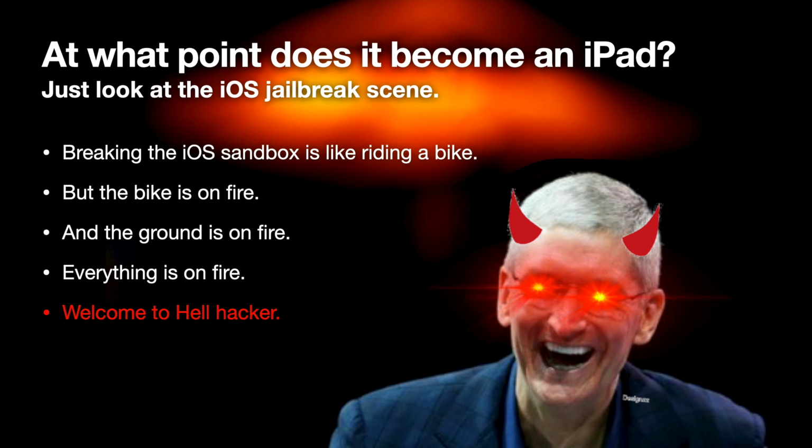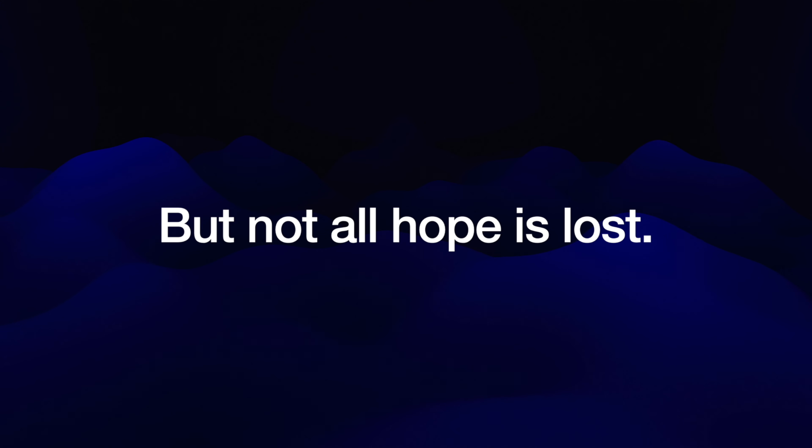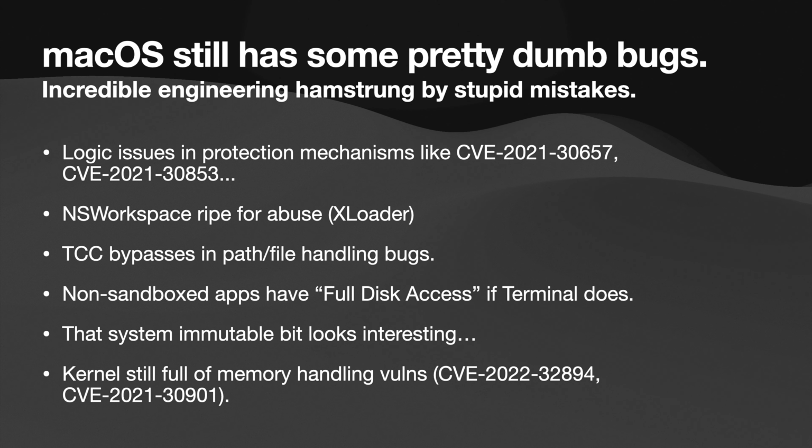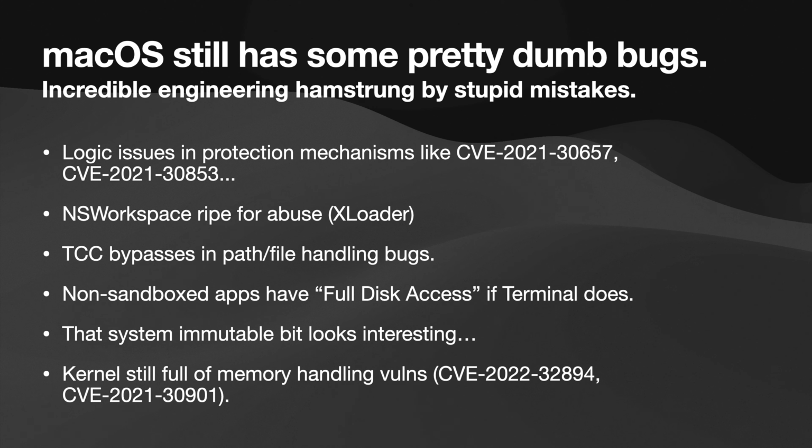I expect that this trend is going to continue over time. But that being said, the future isn't all grim, because macOS still has plenty of stupid bugs. Logical errors like powerdirectory, kernel semantics mix-ups, and plenty of buffer overflows all serve to degrade those protections.